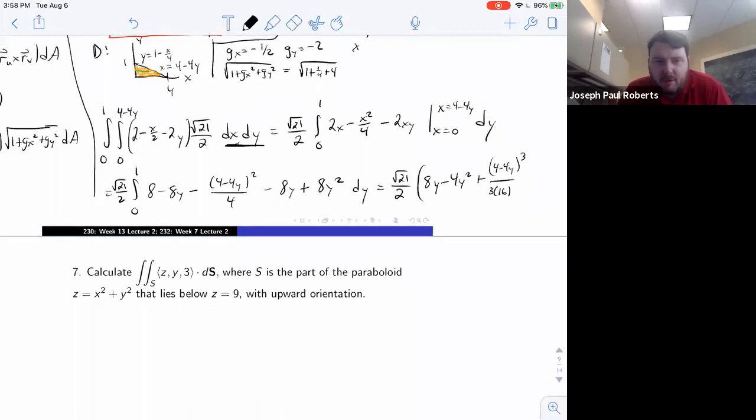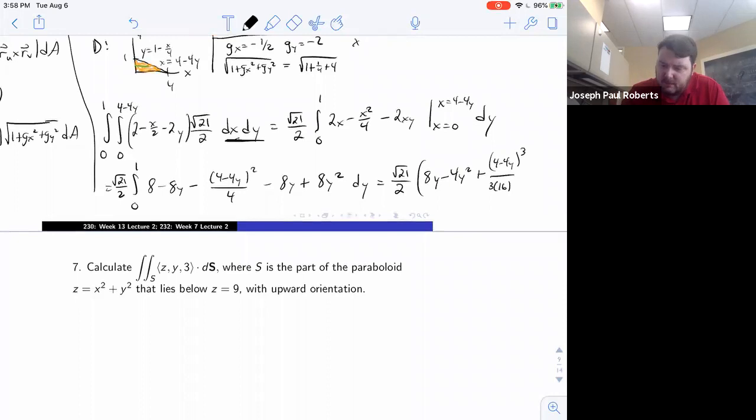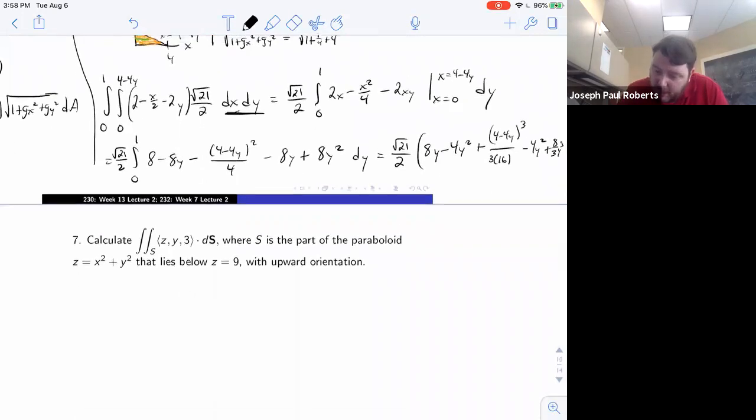U equals 4 minus 4y. So minus a fourth du is dy, which gives me that. And then what? Minus 4y squared plus 8/3 y cubed. Running out of room. But then I just plug in 0, 1, subtract.